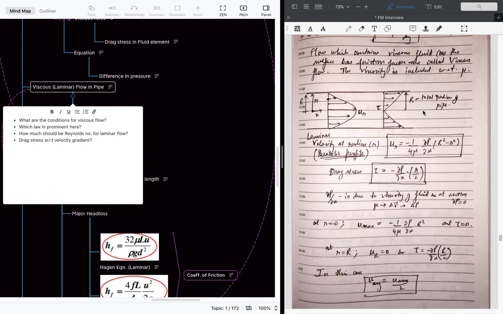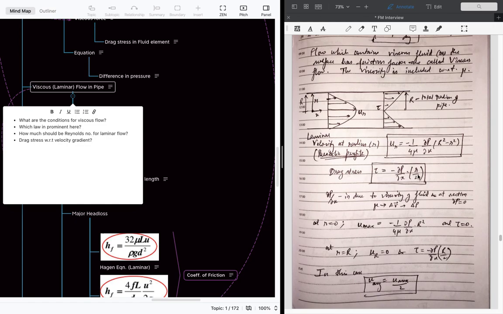From this diagram you can see that this is the velocity profile, and this is the shear stress profile. This equation represents the velocity profile for the pipe flow, a representation of the parabolic profile. Capital R is the radius of the pipe, and small r is the deviation from 0 to the radius of the pipe.